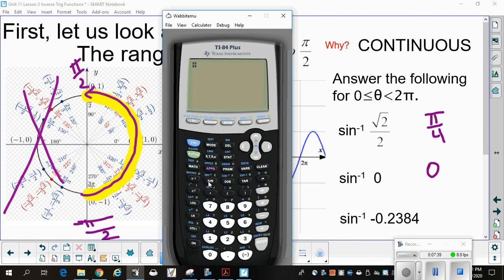I'm going to do second sine, and then put in negative 0.2384. My answer should be negative because all my negative angles are down here. I press enter, and I get negative 0.2407. That would be all I would write here. Radians. It's not degrees, it's radians.